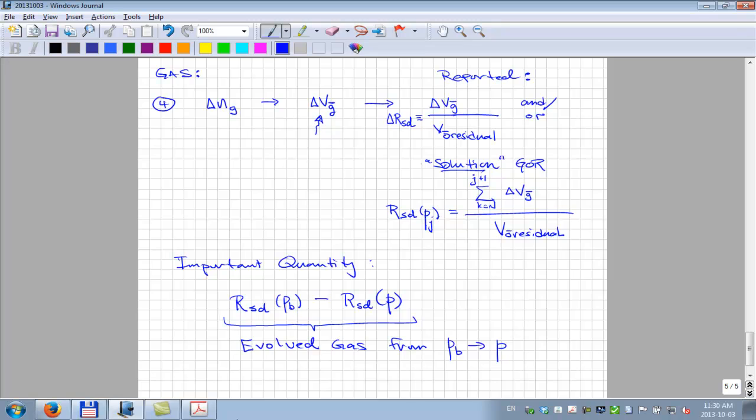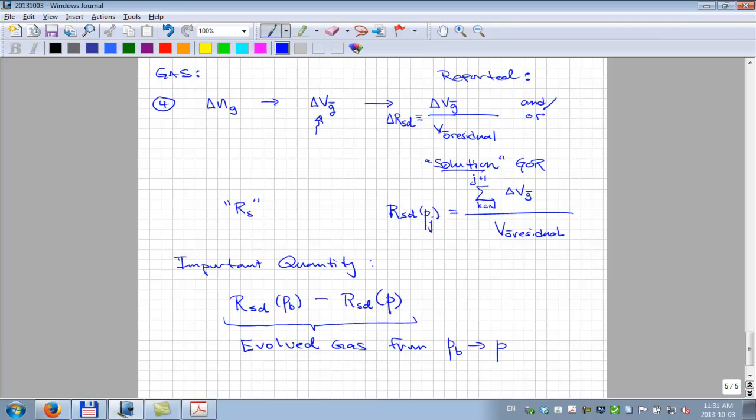The key thing to note is that what's reported is reported relative to this residual oil volume. And in the lab report, they may just write this as RS.